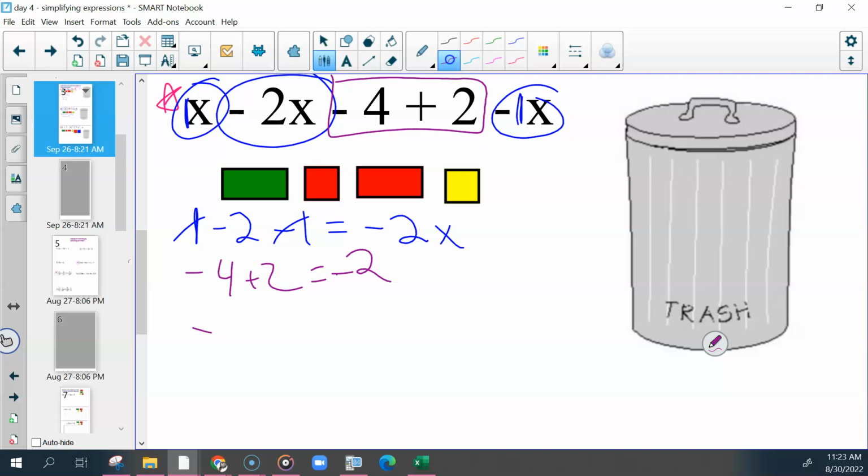So our final answer would be negative 2x minus 2. Questions on that one? Does anyone still need this? I think there's one more on that same page. We're going to do that one.